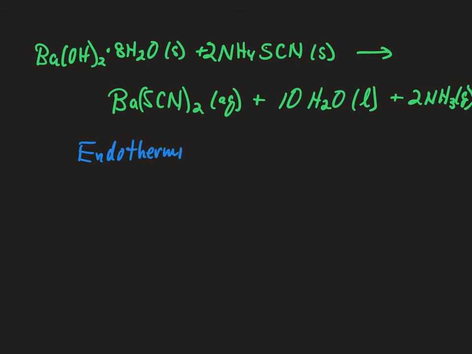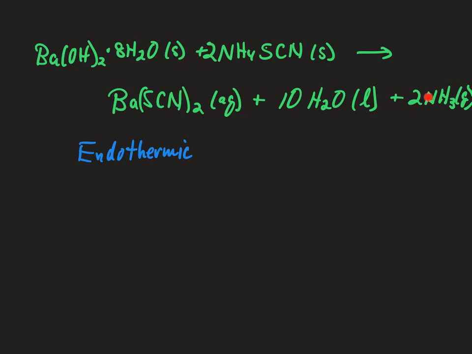If we put our hand on the flask at the end, the flask would feel cold to us because this reaction is pulling heat energy out of our hand to store in these molecules. So the internal energy of these molecules is greater than the internal energy of these substances. So internal energy has been pulled into these substances. That's what made it endothermic. So we're going from a low energy state to a high energy state.